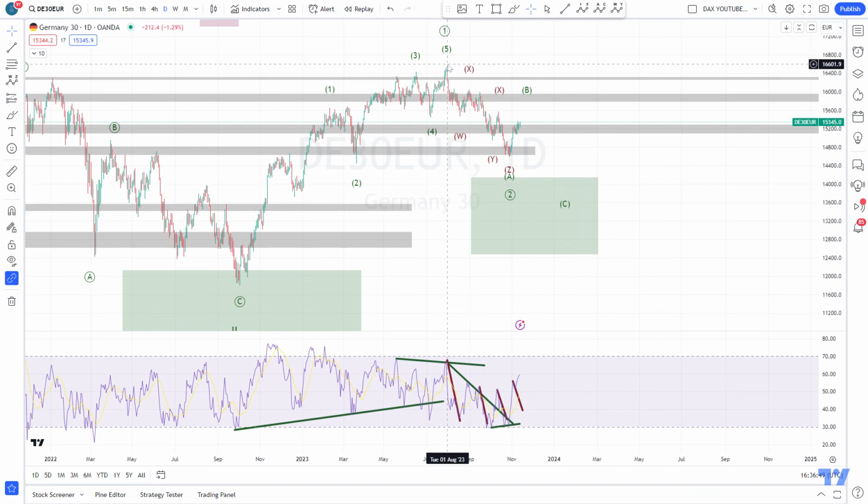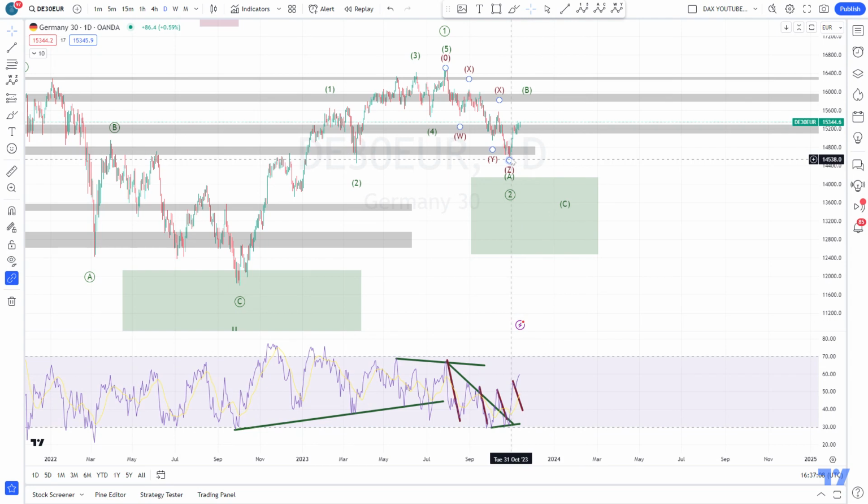So my favorite count here is the ABC in the DAX, but I will put the triple three correction here also on my chart as an alternative scenario to align with the Nasdaq and the S&P 500.